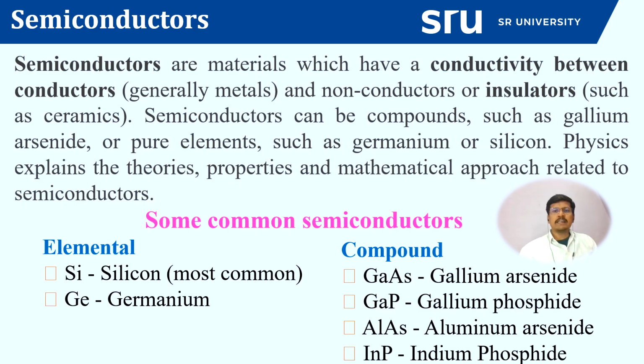The second category is compound semiconductors. These are formed by combining two or more elements.